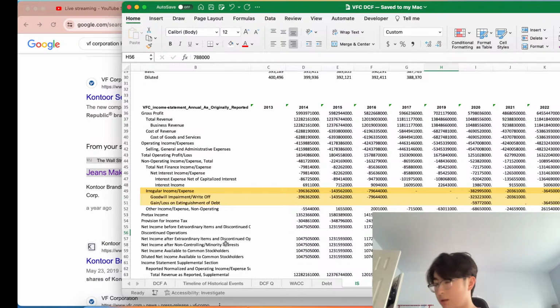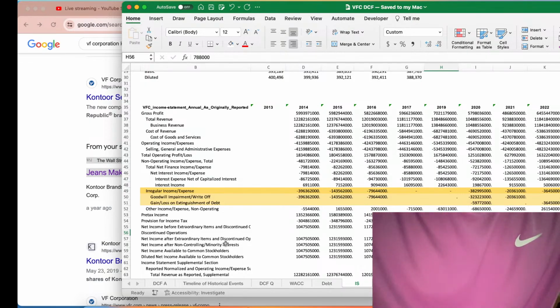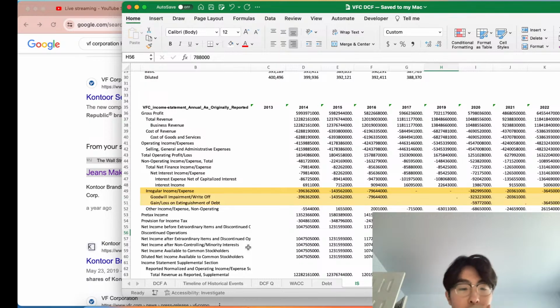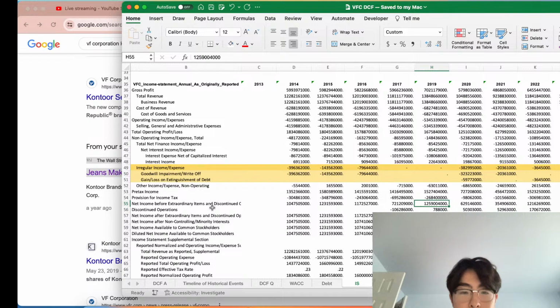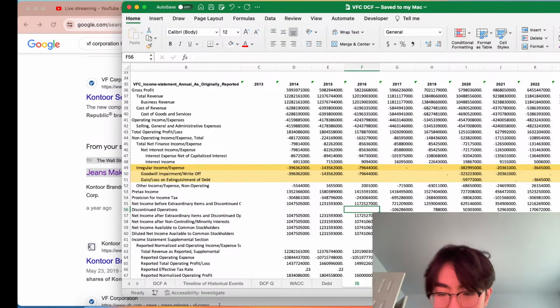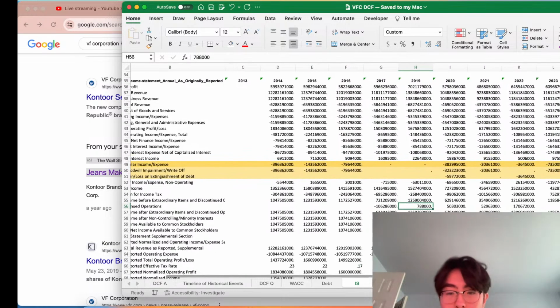I'll take a look later. Interest, irregular income expense. So gain or extinguishment, loss of debts. You know, the discontinued operations. Isn't that much, to be honest. This is just 788,000.